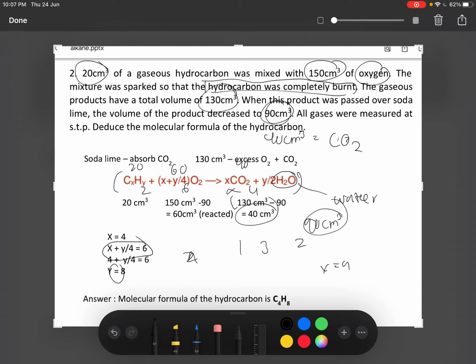So what is the importance of this 20? Why is the 20 so important? Because, wait. Okay, yeah.